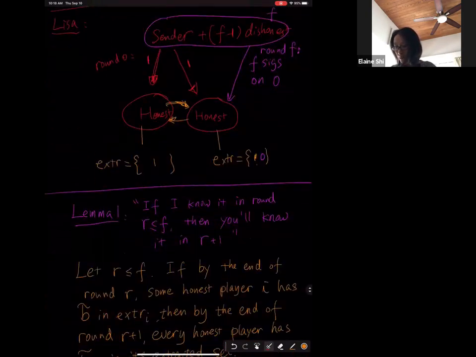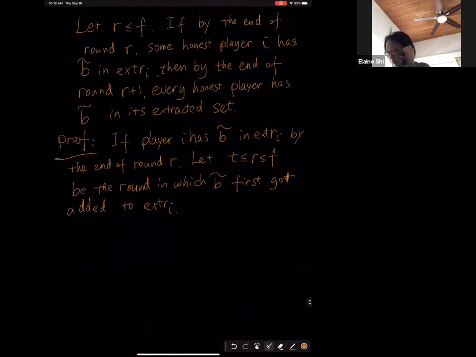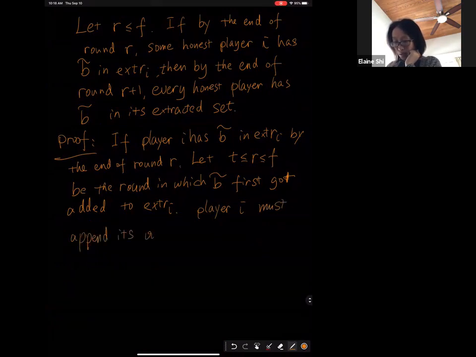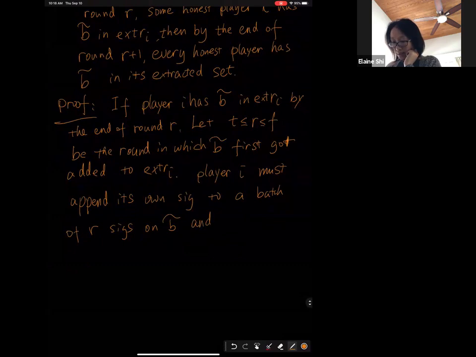So player i must append its own signature to a batch of R signatures on B tilde and send the R plus 1 signatures on B tilde to everyone. Oh, sorry, it is not R. I'm confused. It is T.